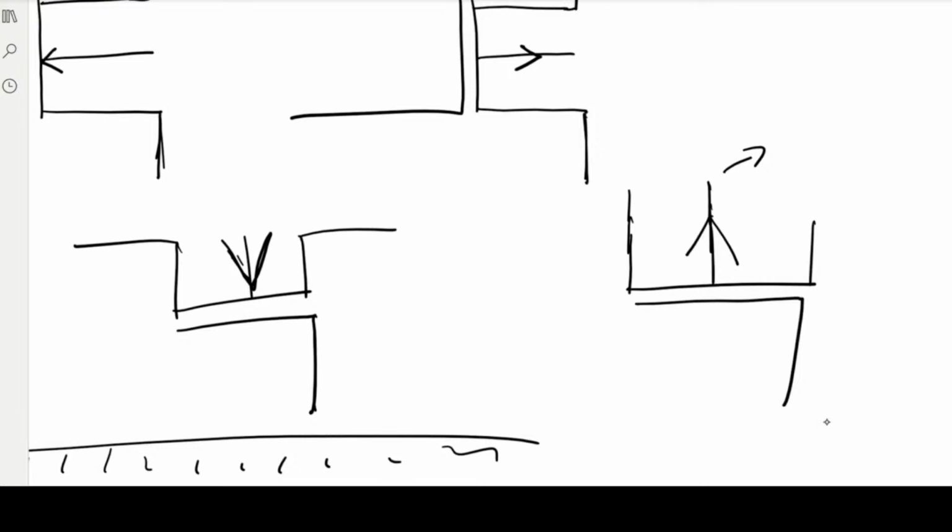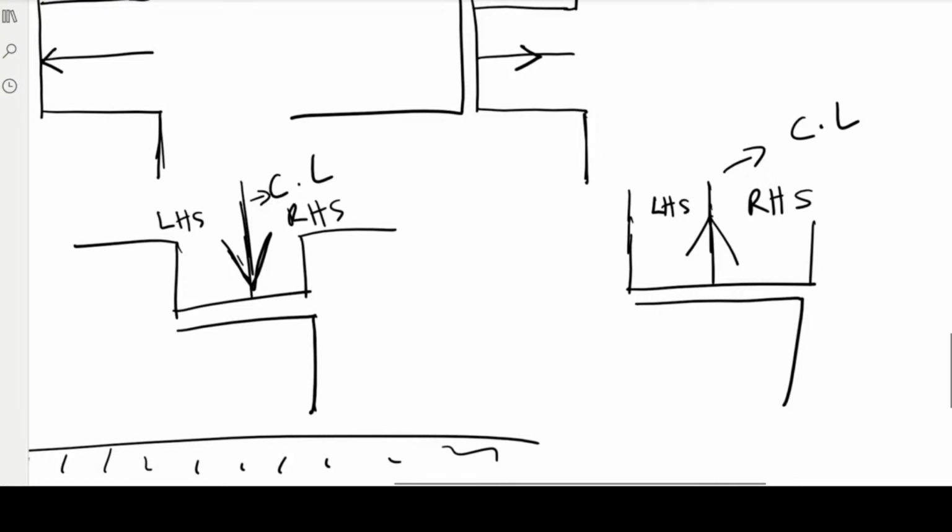Again, remember the center line, let's just say CL, center line. All right, we already know where we're going to, and in this case this is left hand side and this is the right hand side of the center line. Right, this is the center line. Now you're just going to do what we did before, so let's use a different color and put a stroke on the left hand side, just straight line. Right, the one that looks like an N, this one here looks like an N, good.